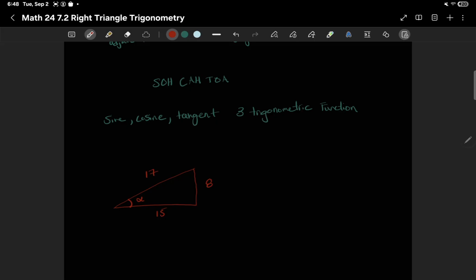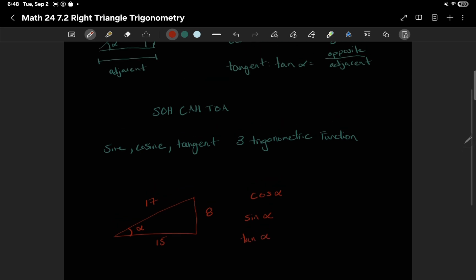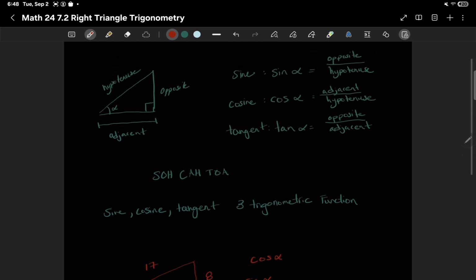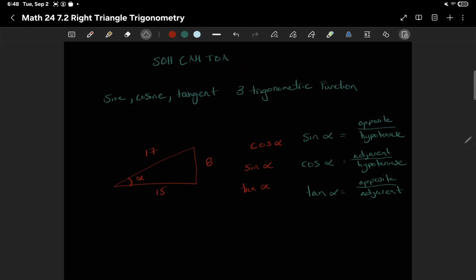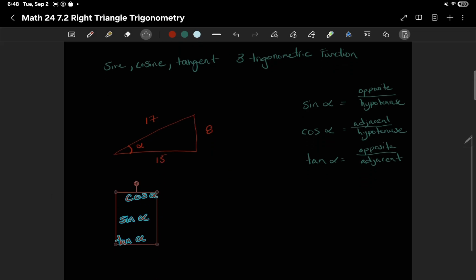What I want to do is find cosine of alpha, sine of alpha, and tangent of alpha. So if we go to our cheat sheet up here, I've just quickly pasted my cheat sheet there.